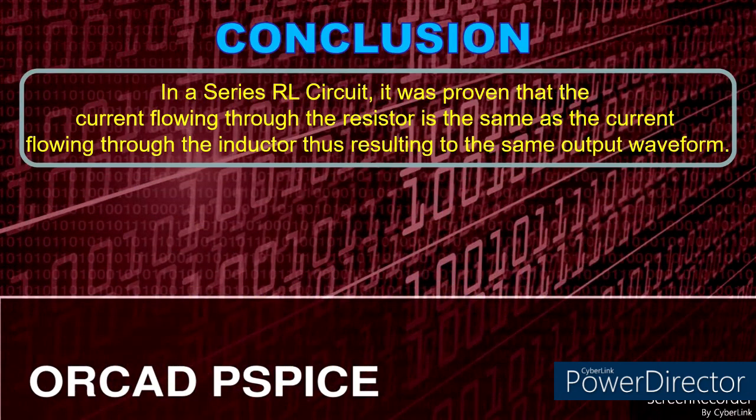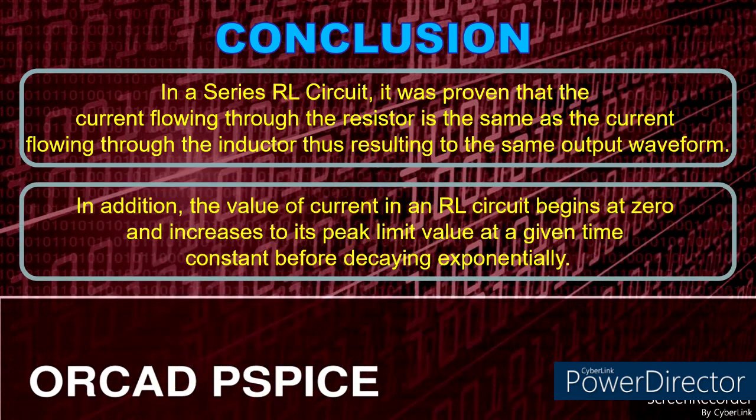Moreover, in a series RL circuit, it was proven that the current flowing through the resistor is the same as the current flowing through the inductor, thus resulting in the same output waveforms. Lastly, the value of current in an RL circuit begins at 0 and increases to its peak limit value at a given time constant before decaying exponentially.